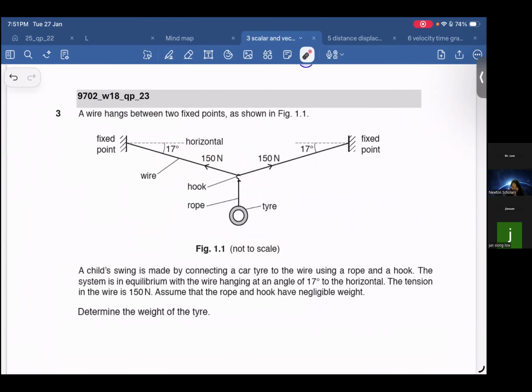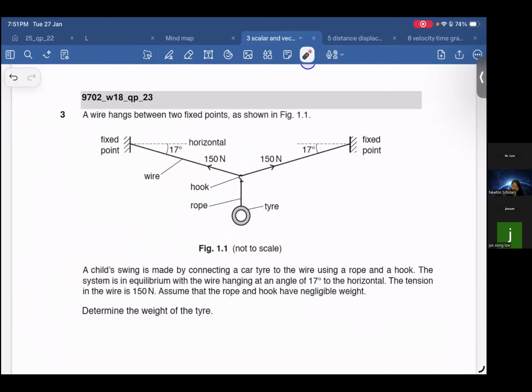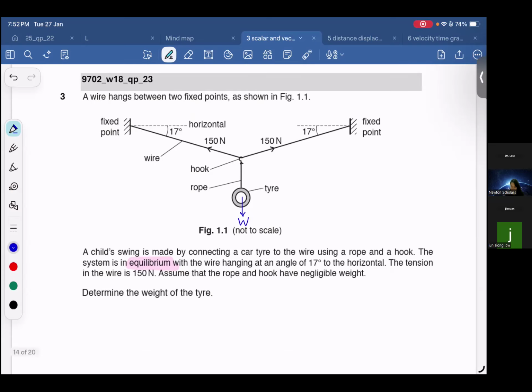Same thing. This time I guide you a bit, okay? This is the weight going down. This is the weight W. The question says the system is in equilibrium, hanging with the angle to the horizontal, the tension is 150 Newton. Assume that the rope and the hook have negligible weight.